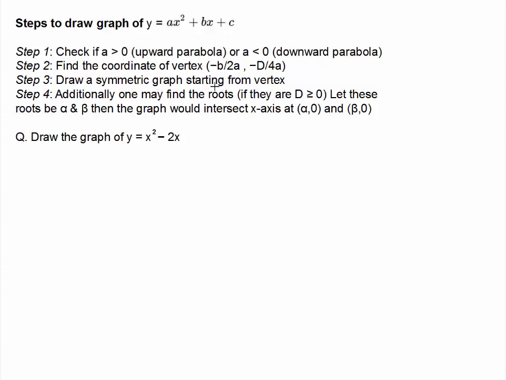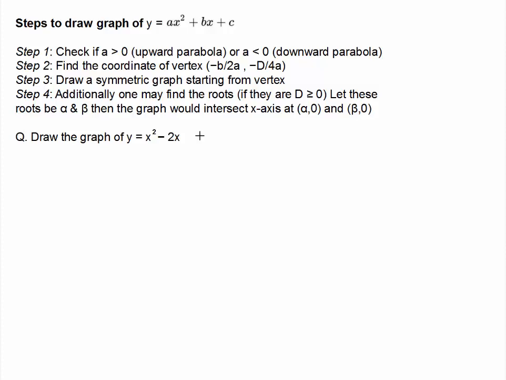Next, we draw a symmetric graph starting from the vertex, which is like a parabola. Additionally, one may find the roots if D is greater than or equal to 0. If you call these roots alpha and beta, then the graph would actually intersect at alpha comma 0 and beta comma 0. Let's understand these steps by an example.